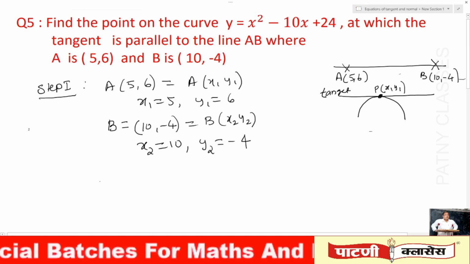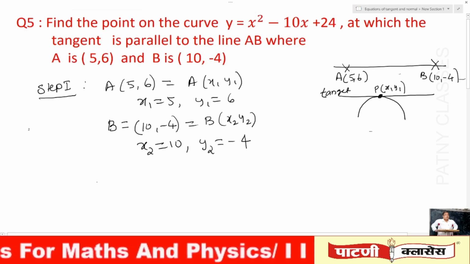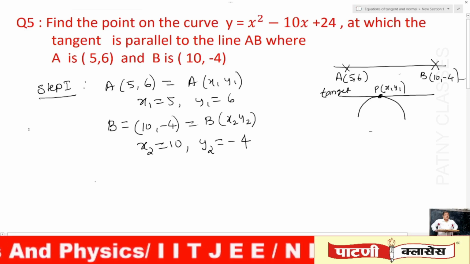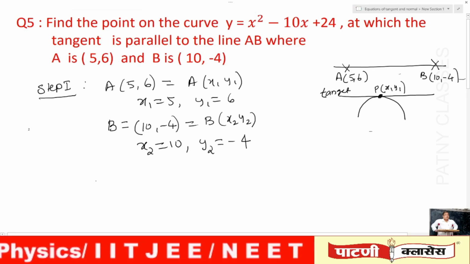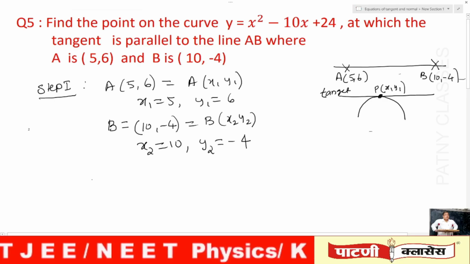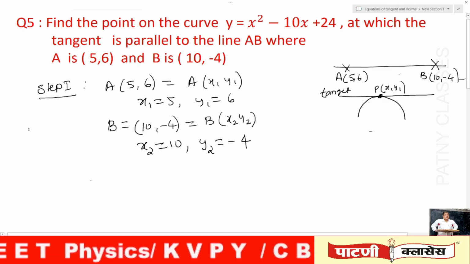Now the characteristics of a tangent depend upon the point of contact and the slope of the tangent. We can find the slope of the tangent because the tangent is parallel to the line AB. Our concept is that the slope of the tangent equals the slope of the parallel line.